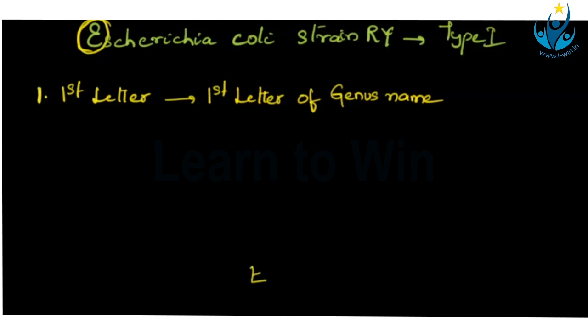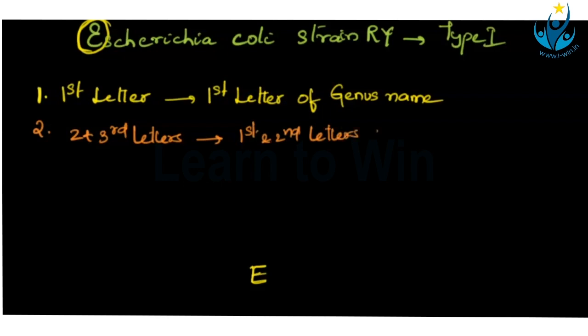Let us write it here. E. Next, the second and third letters are the first and second letters of the species name. What is that here? CO. We'll write it here.